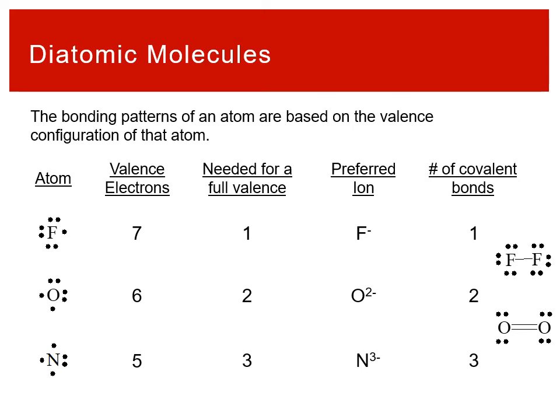Nitrogen had 5 valence electrons. It needs 3 to get that 8 full octet. So if it's going to become an ion, it's going to become N3- because that gets it 8. And if it's going to form covalent bonds, it wants to form 3 of them. So it becomes a triple bond in the case of the N2 molecule. Each atom participates in a triple bond. It gets all 3 of those bonds with 1 other atom, but overall it's going to want to have 3 bonds.